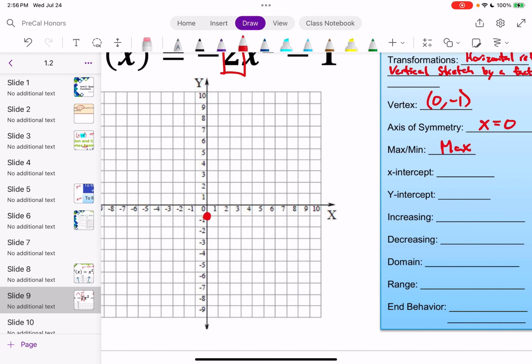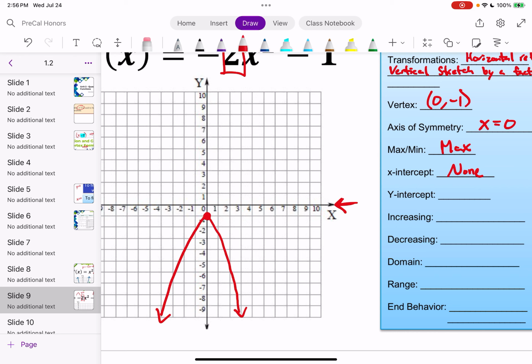That means, even with us loosely drawing this parabola, we already know we're not going to have an x-intercept. Well, how do we know that? Well, it's not crossing that x-axis at all. The vertex, or our maximum, is at 0, -1. It's not going to have a chance to cross over or even touch that line.